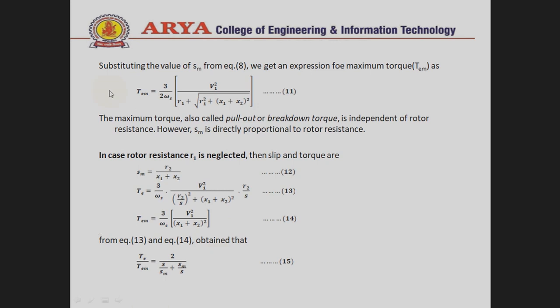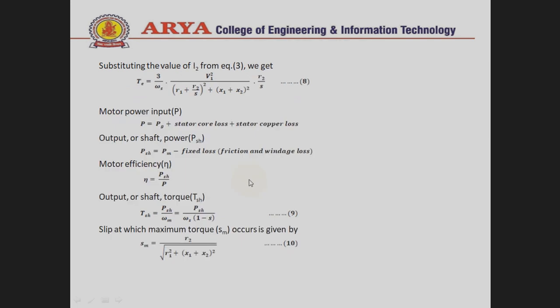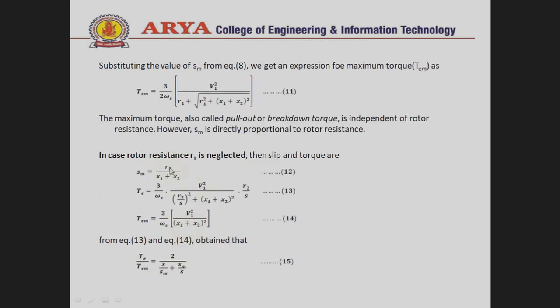Now when we substitute the Sm from equation number 8, we can get the maximum torque equation, and this is also known as pull out or breakdown torque. It is independent of rotor resistance, which means in this equation there is no term of R2, the rotor resistance, while Sm is directly proportional to the rotor resistance.